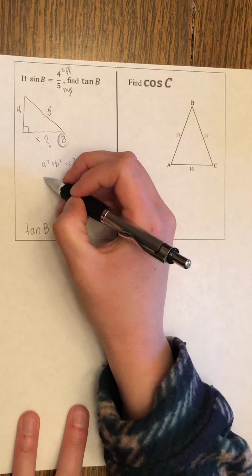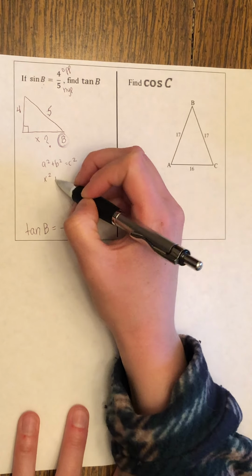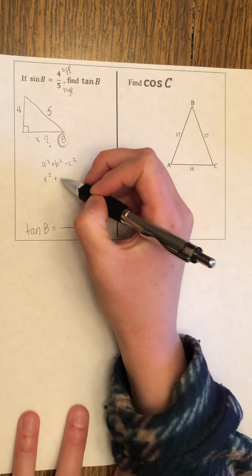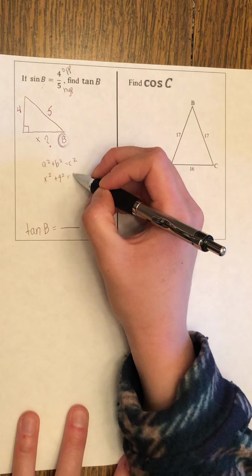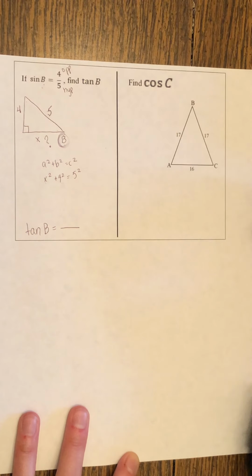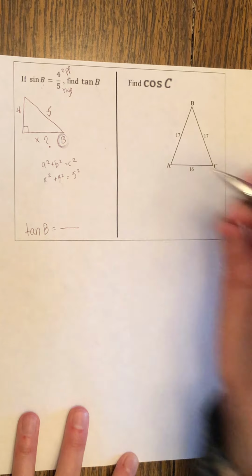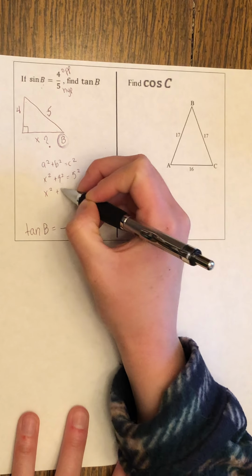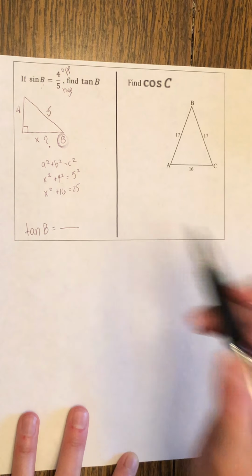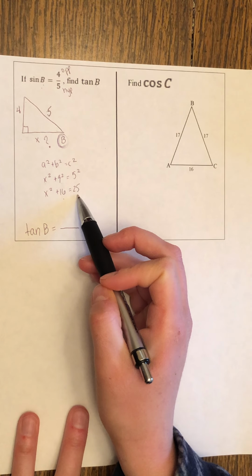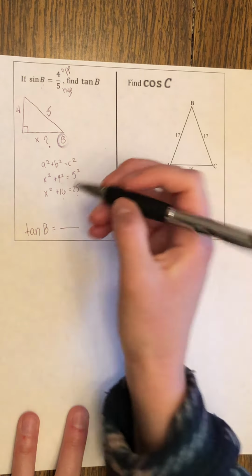One of my legs that I want to find is x. Another leg is 4. You could flip the order over here of these because order of addition doesn't matter. And the hypotenuse is 5. I always want to do exponents first. I want to combine like terms, so I want to subtract 16 from both sides.